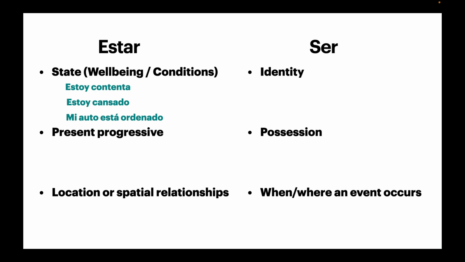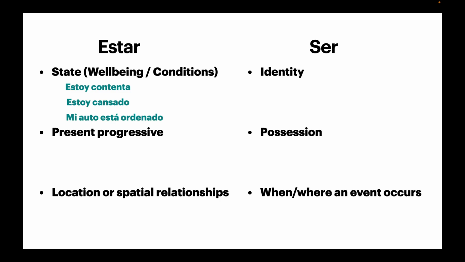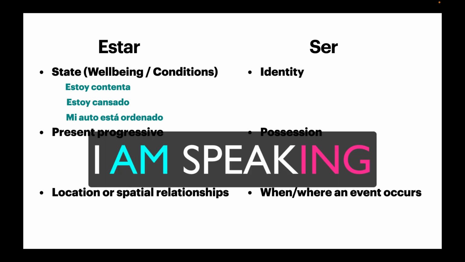The second rule is we use estar for the present progressive tense. So, for example, present progressive in English would be when we use the ing at the end of a verb. So, for example, if I say, I am speaking.